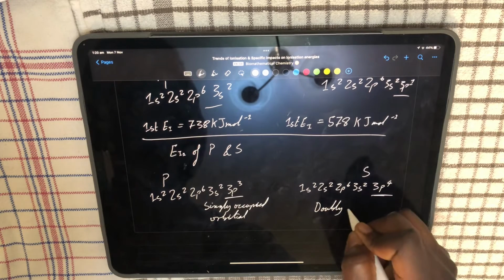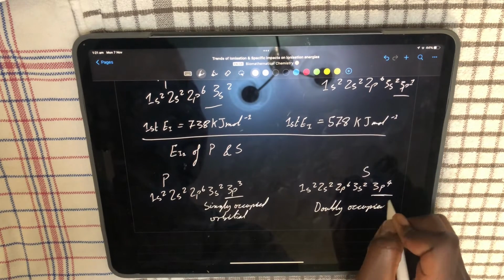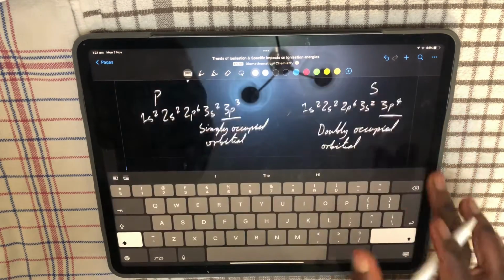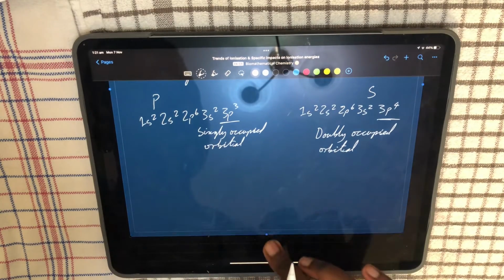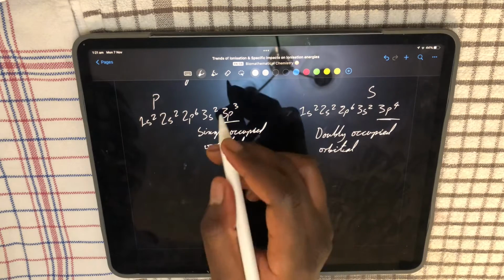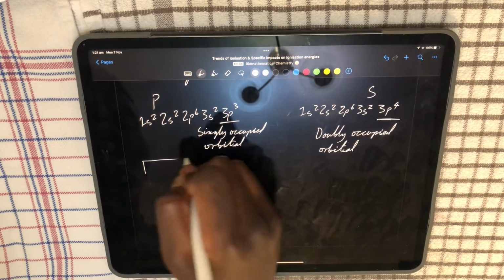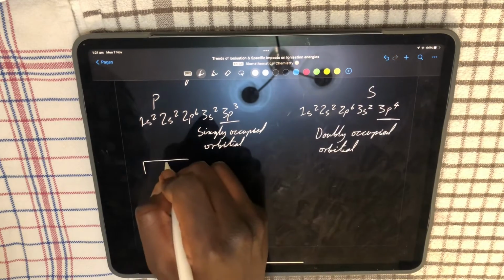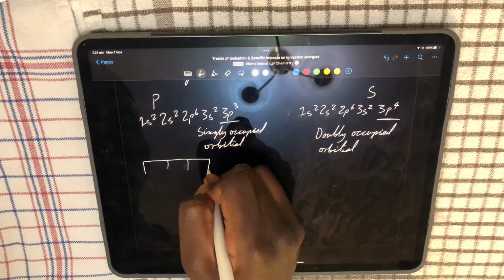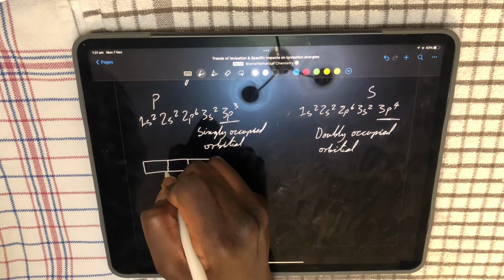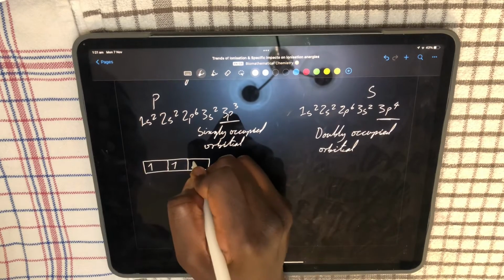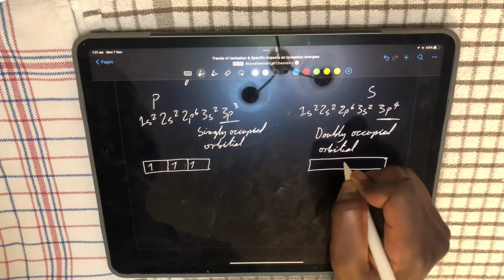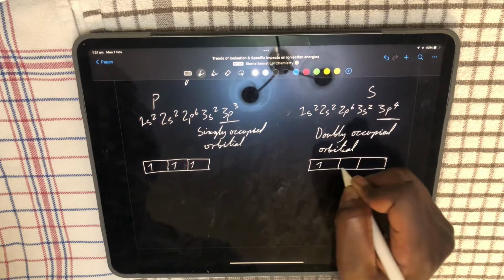And this is a doubly occupied orbital, and because of that electron repulsion, this is a singly occupied orbital, whereas in sulfur there is a doubly occupied orbital.